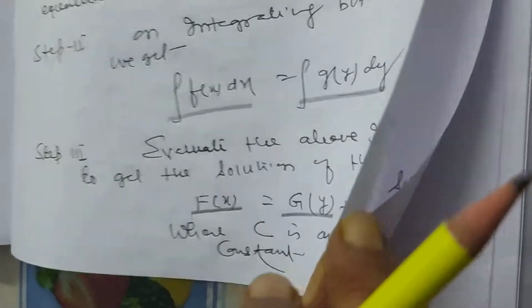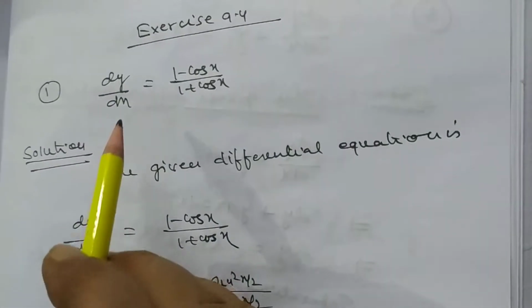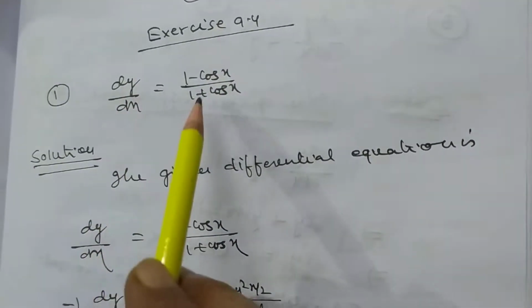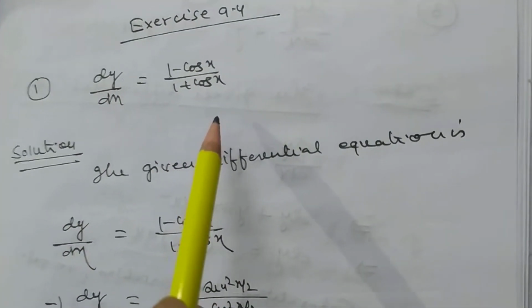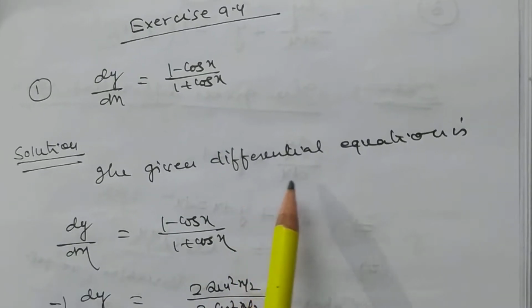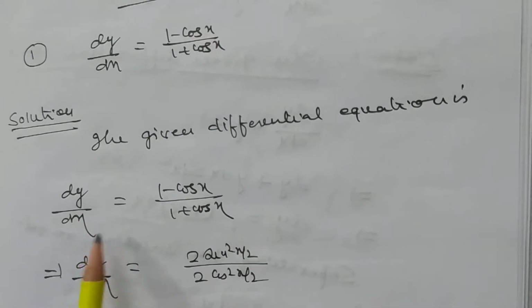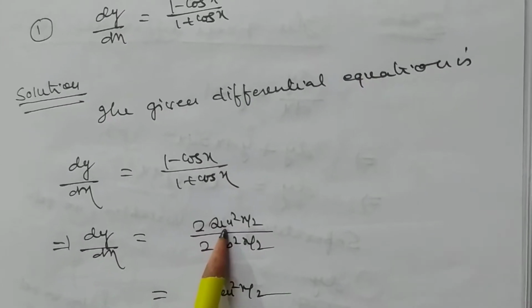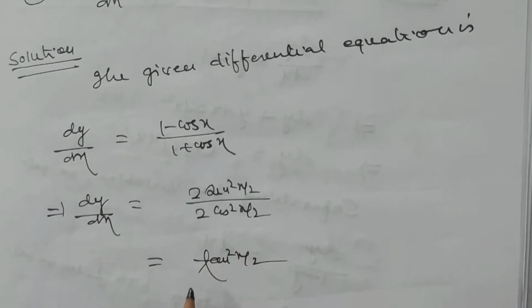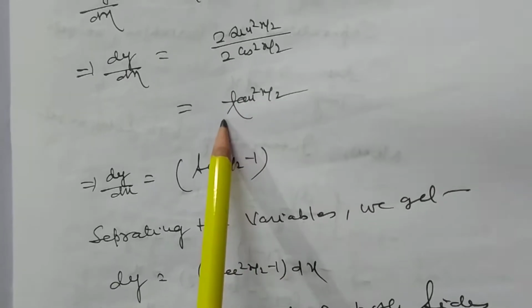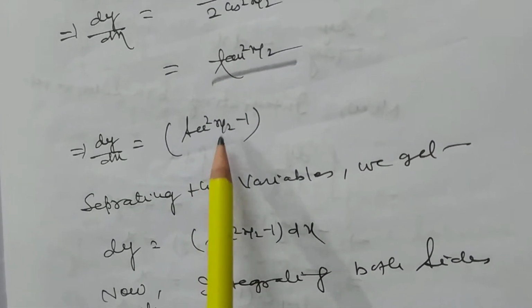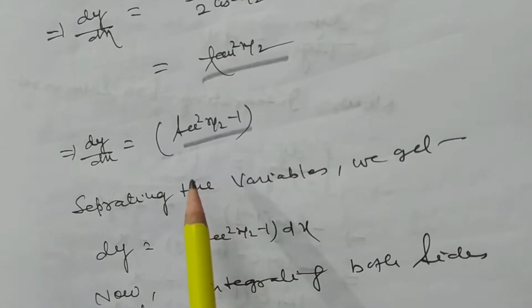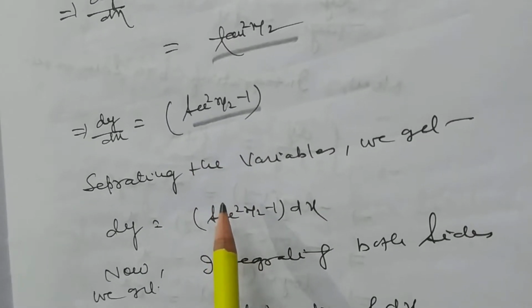Now, my dear student, in exercise 9.4, dy/dx = (1 - cos x)/(1 + cos x). The given differential equation is dy/dx = (1 - cos x)/(1 + cos x), and it will be 2 sin²(x/2) over 2 cos²(x/2), that is tan²(x/2). So now we change it in the form of (sec²(x/2) - 1), dy/dx equal to that.